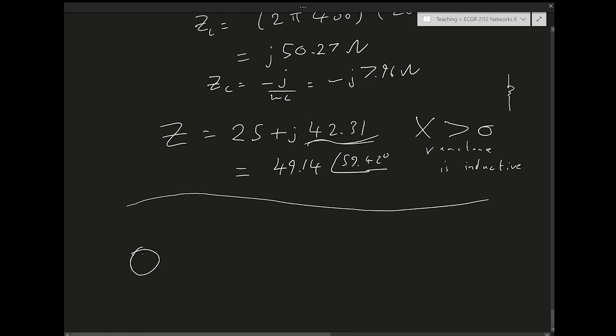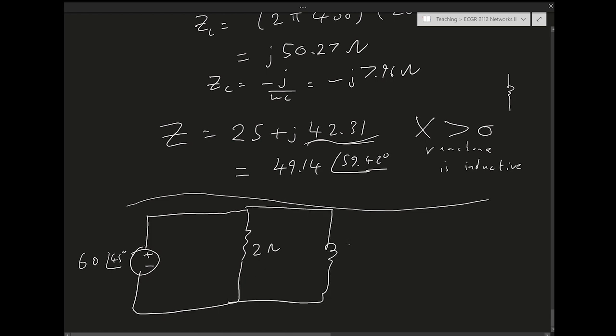But if we have this circuit, I have a voltage that as a phasor looks like this, 60 at 45 degrees, and then I have this circuit, 2 ohms, and then I'll write the impedance right away here. I won't do 2 pi, I'll just write it right away, j4, right?